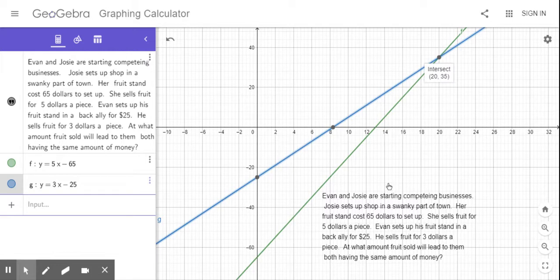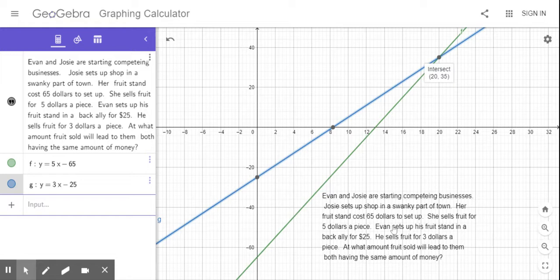X is going to be fruit, Y is going to be money, and so $5 per piece of fruit. That's how I got this equation: y equals 5 times x, so 5 times the pieces of fruit, minus 65. So the minus 65 is the setup cost, right? Because essentially Josie had to spend that amount of money to set up her swanky fruit shop.